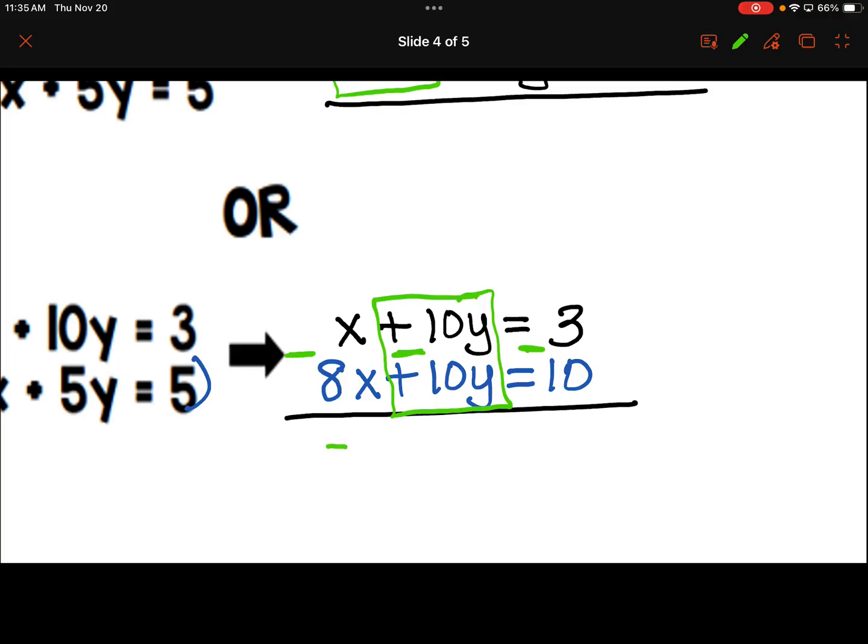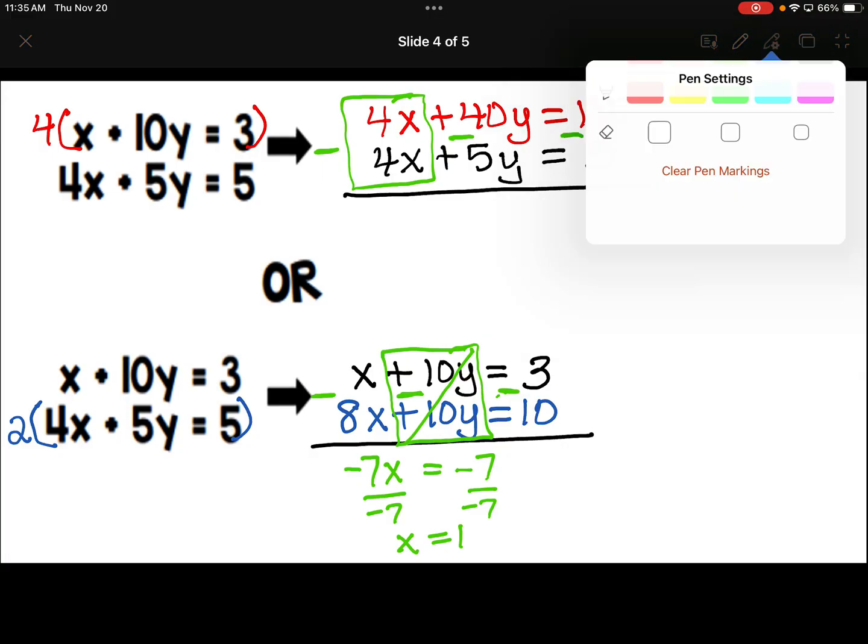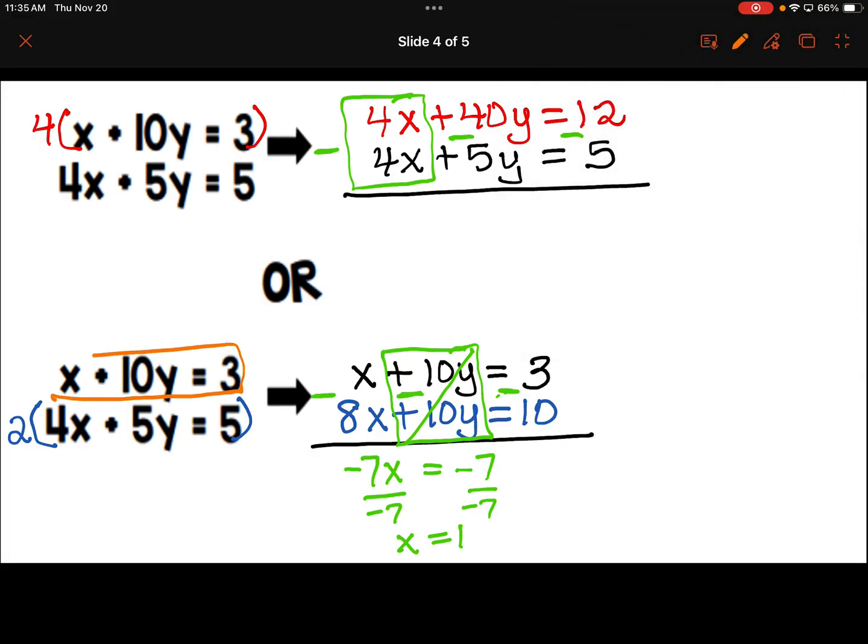1 minus 8 would have been negative 7x. That would have eliminated. And 3 minus 10 would have been negative 7. Divide by negative 7. X would have been 1. And then I'm just going to go back, and I'm going to plug into my first equation right here.